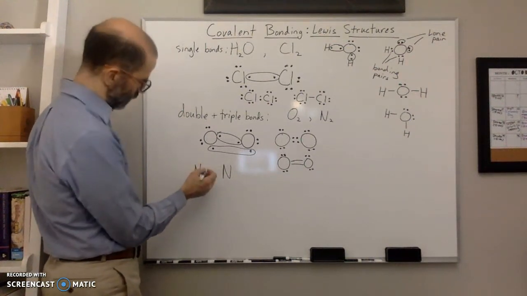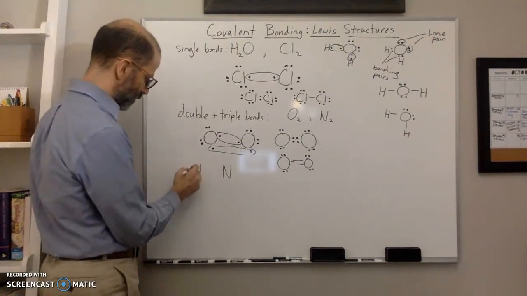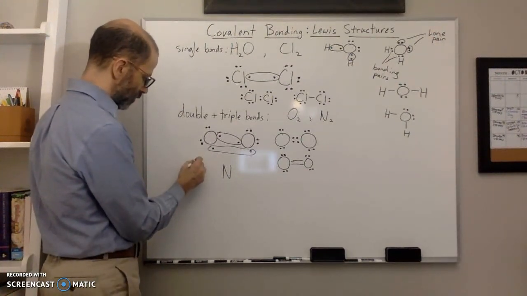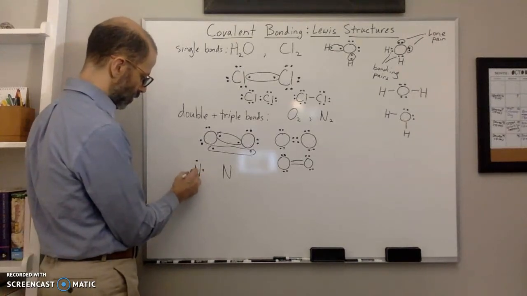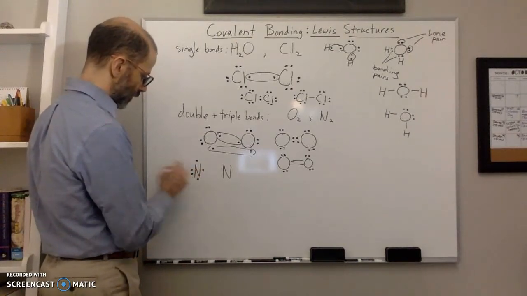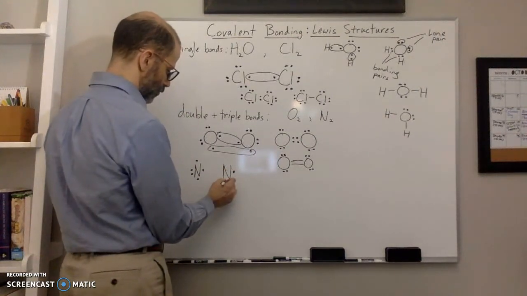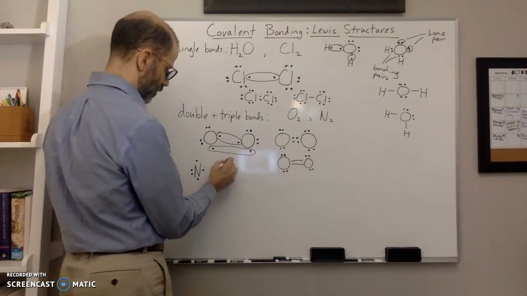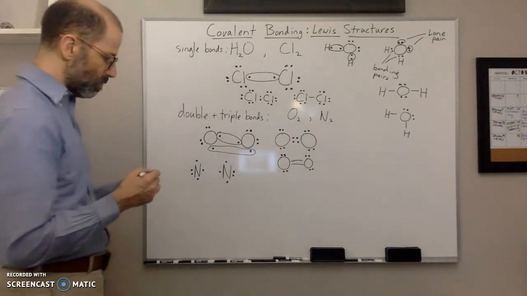We'll start here. So we're going to go around 1, 2, 3, 4, 5. So that's 5 electrons. Here we'll go 1, 2, 3, 4, and 5.